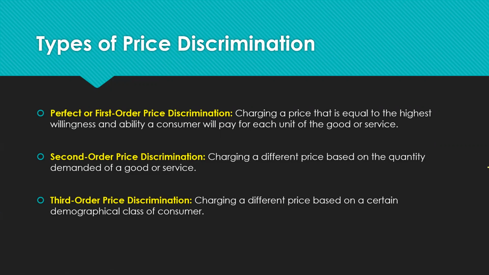So third order price discrimination is saying you can charge a different price based on different classes of consumer, based on time of day, or based on the type of person. So you can do a senior discount because you can verify that they're over 55, or a student discount because you can verify they have a student ID, and you can verify the time of day because you can look at a clock and say, oh, it's before noon, so you can get this deal, or it's a Tuesday, so you get a cheaper price at the movie theater.